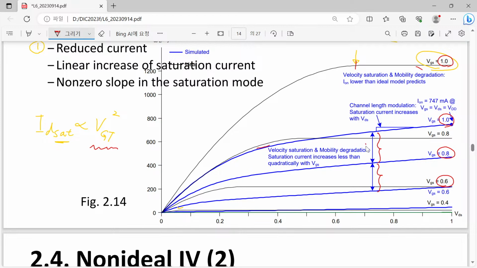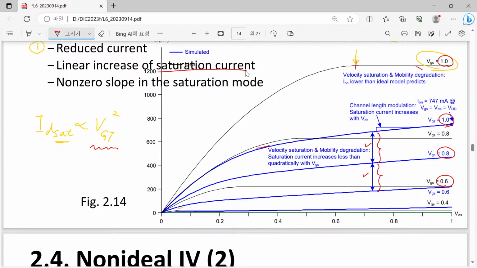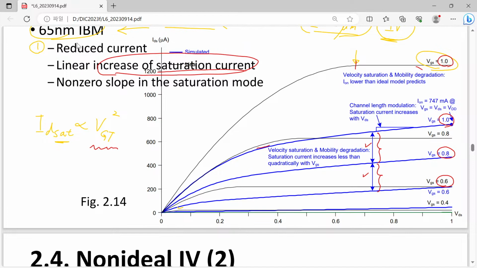Is this larger or is this larger? Well, it is difficult to say, but at least we can say that they are comparable, not increasing any further. So not the saturation current itself, but the increase of saturation current is not increased any further. That is the second point we have to consider.